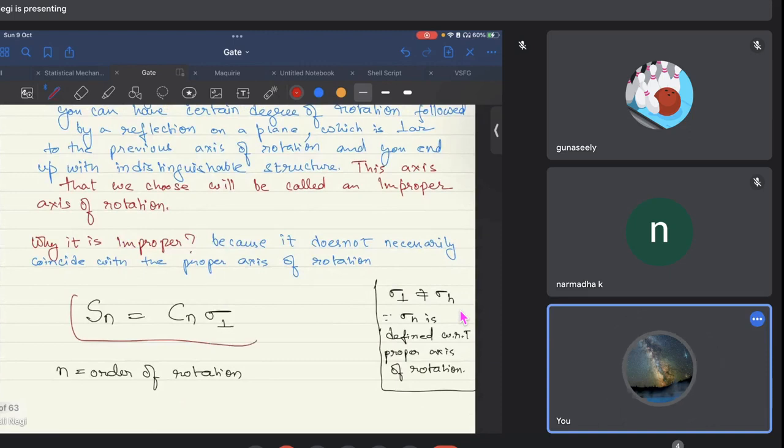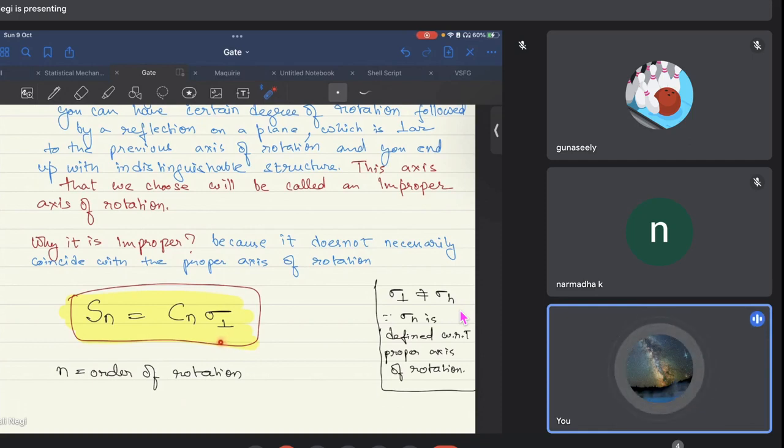So this Sn will be denoted as equal to Cn and then sigma perpendicular. In many books you will see that some say this is sigma h. However, the sigma h notation was used when the mirror plane doing the reflection was perpendicular with respect to the proper axis of rotation.